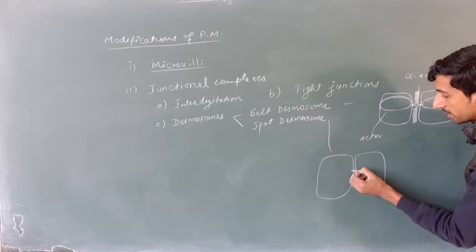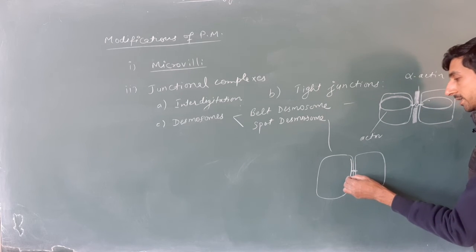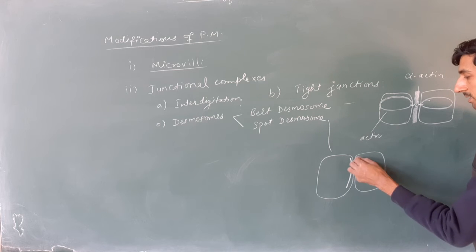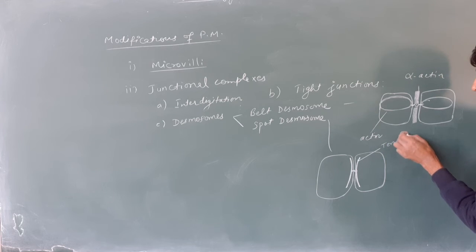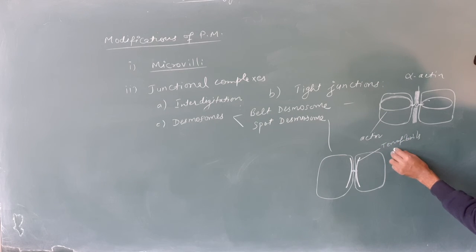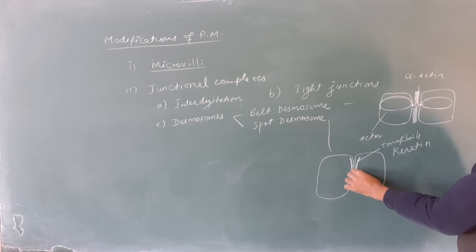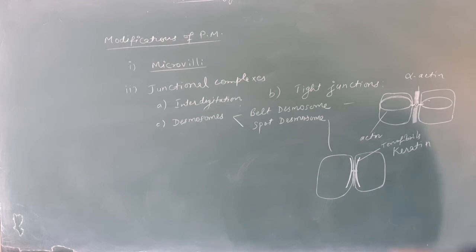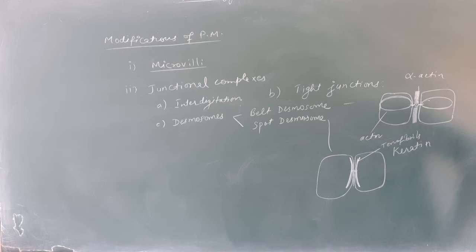They are holding each other, and their cytosolic end is associated with disc-like tonofibrils formed of keratin, and also cementing material is there in between the spot desmosomes. So there is disc-shaped material, a disc-shaped cytoskeletal component which supports the cell membrane proteins which are forming junctions.